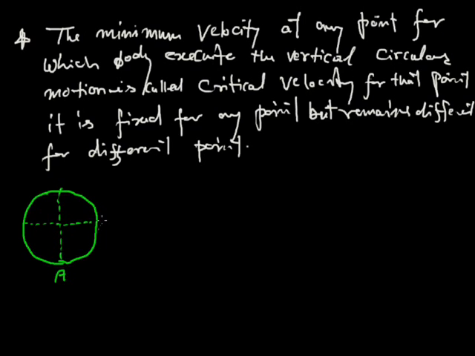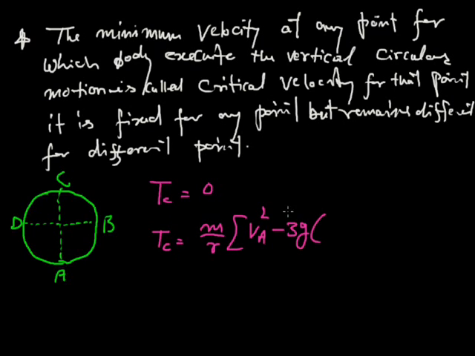This is lowest point A, B, C and D. At the time of critical velocity, it means the lowest velocity, the tension at C will be equal to 0. So that Tc is equal to m upon r times (Va square minus 3gh plus gr), and for point C, h is equal to 2r.